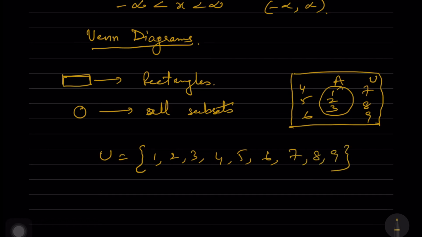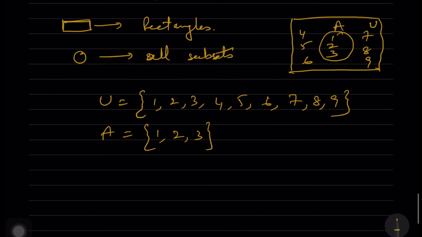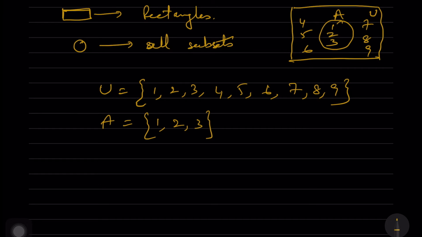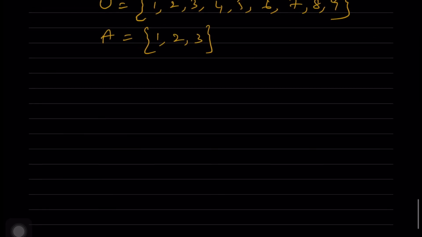What is the subset of this universal set? This is A, all the elements represented in that circle, so only the elements in the subset. Now you can also represent different operations on these, so we'll see the different mathematical operations on sets.